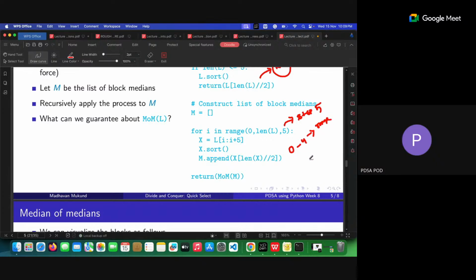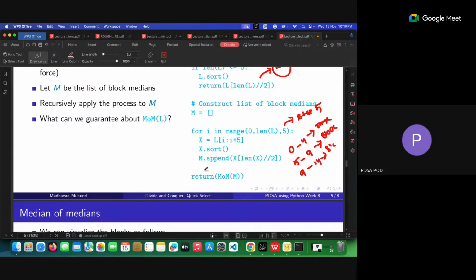Next time it shifts to index 5, because every time the increment is 5. Another 4 elements it will select, going up to 9, then 5 to 14. So each of them is selected as one block with size of 5.